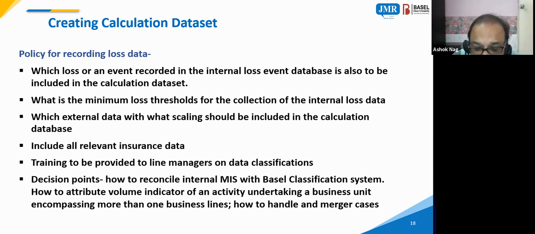Training is to be provided to line managers on data classification. Decision point: how to reconcile internal MIS with the Basel classification system. Basel has classified various business verticals into certain coherent groups, because based on their study of operational risk across the globe, Basel felt that these verticals should be combined, as they are subject to similar process, people or system failures. So they belong to a homogeneous group of events which can be modeled as a loss data set.